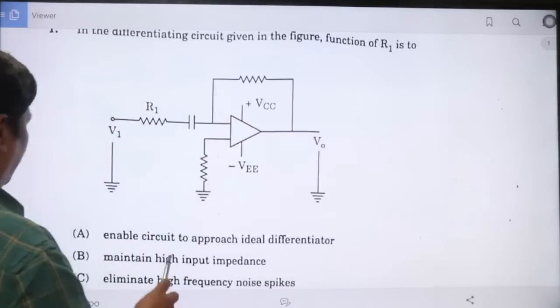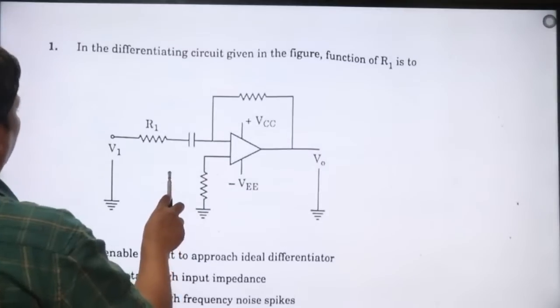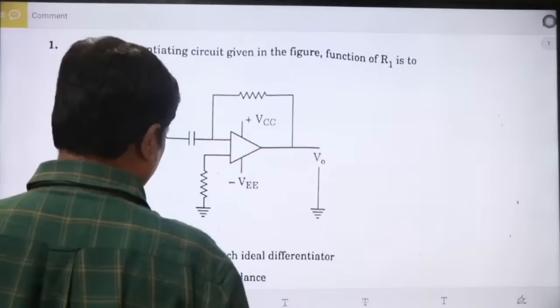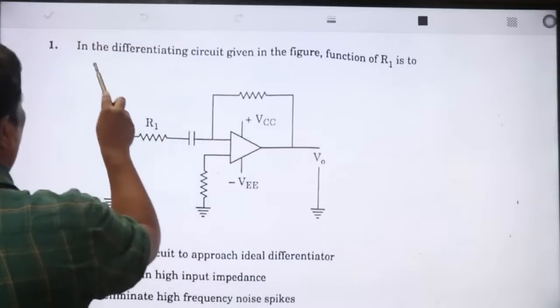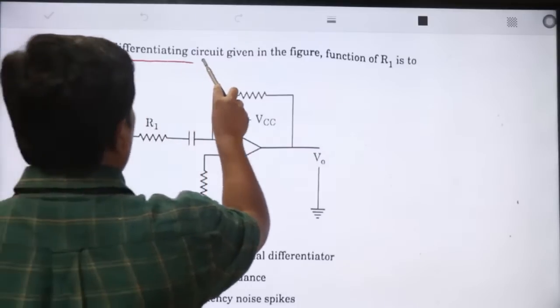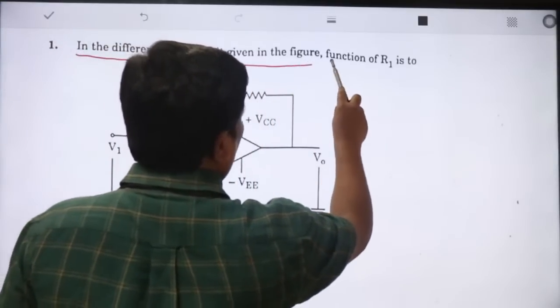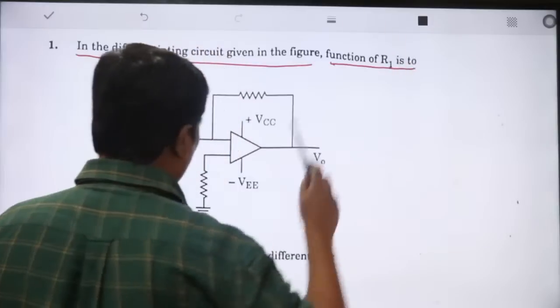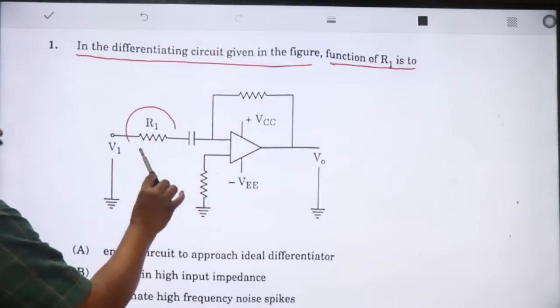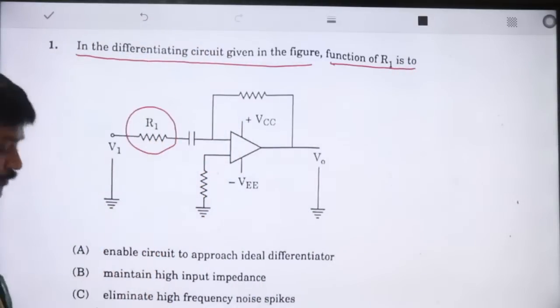So see here, one question is this one. In the differentiating circuit given in the figure, the function of R1 is to be. So what is the function of R1 connected here?